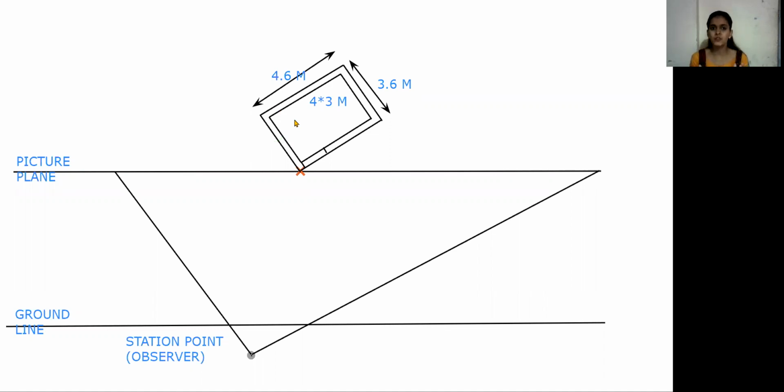You need to draw the window exactly at the center of your wall. Consider the center point and draw the window. The window dimension is 1 meter by 1.2 meter. The 1 meter is width and 1.2 meter is height.